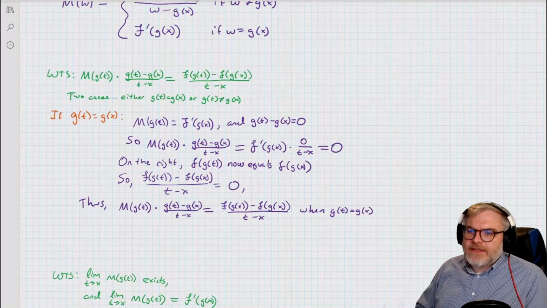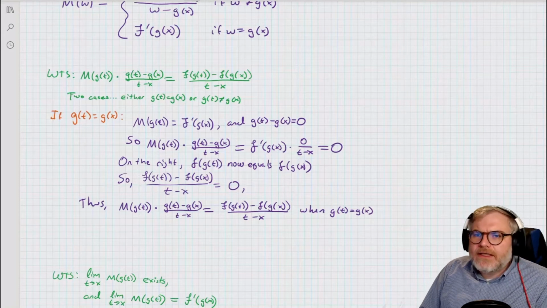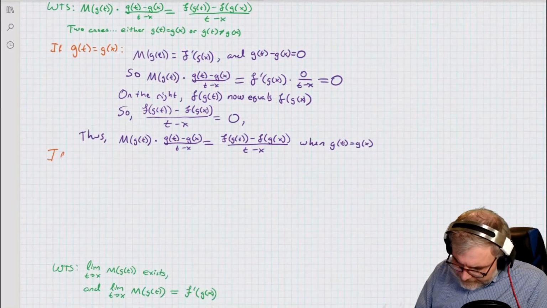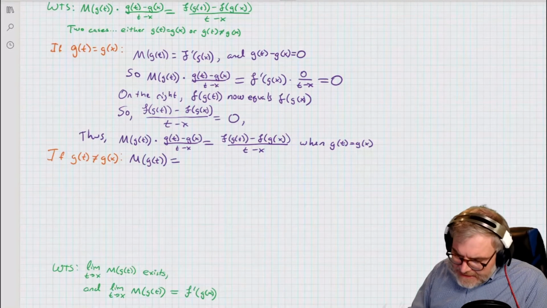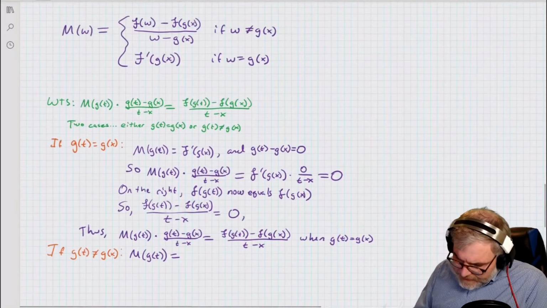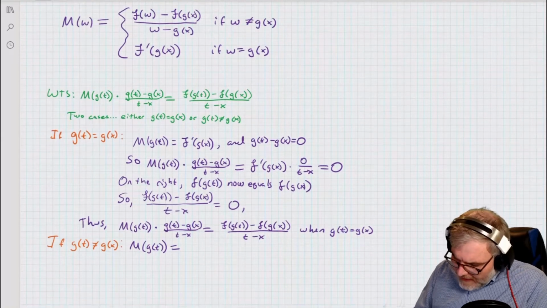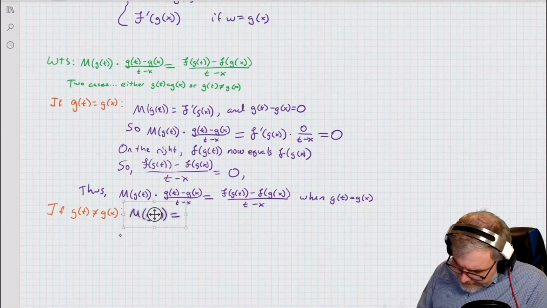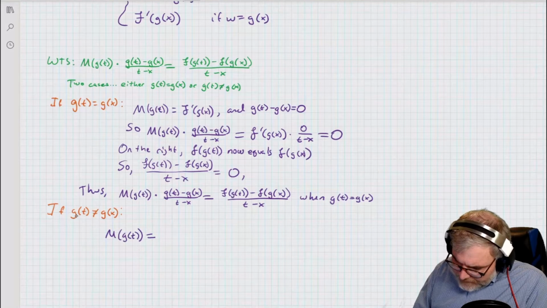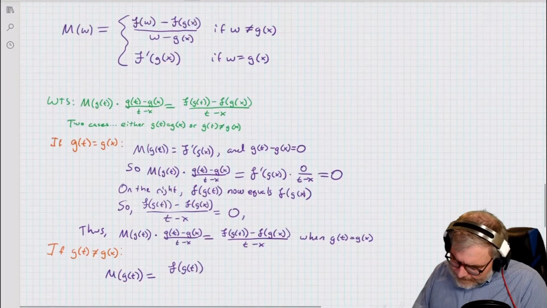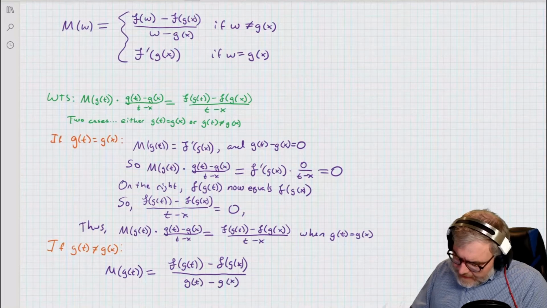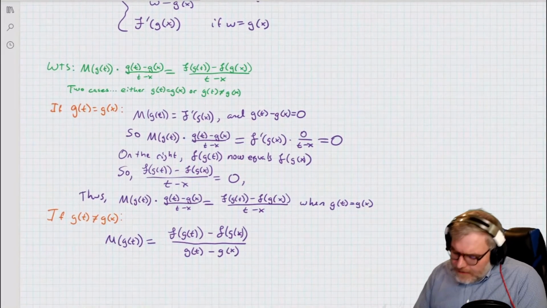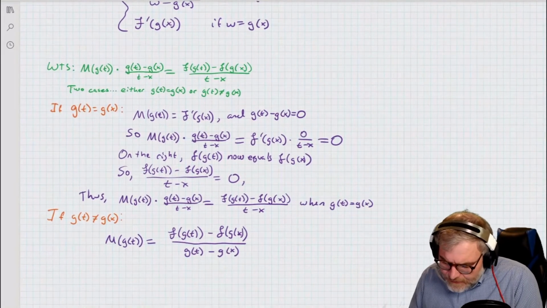Well, I have another possibility. And that possibility is that they're not equal to each other. If that's the case, I'm going to use the first definition. I'm going to have f of w. Well, f of w is simply f of g of t, because I'm subbing it into this m business. And I've got this whole thing here. And that's okay because g of t doesn't equal g of x.